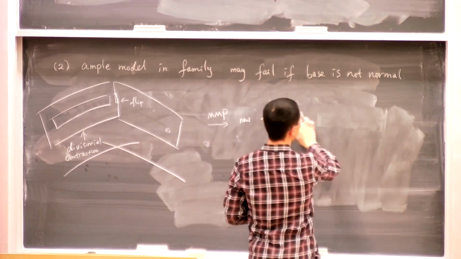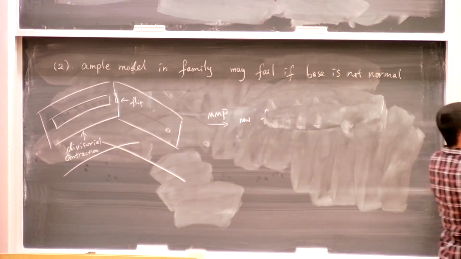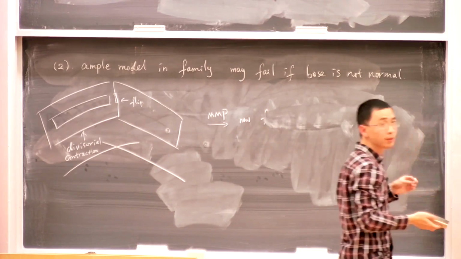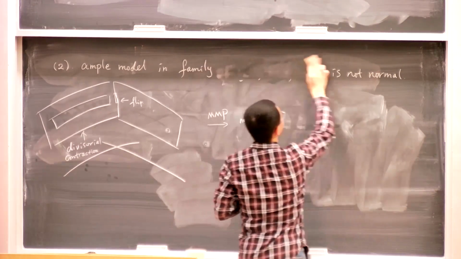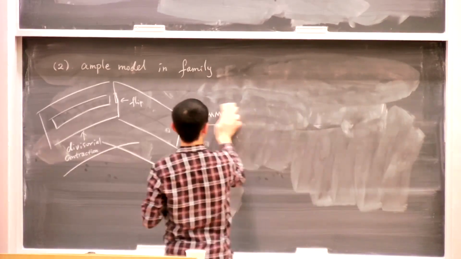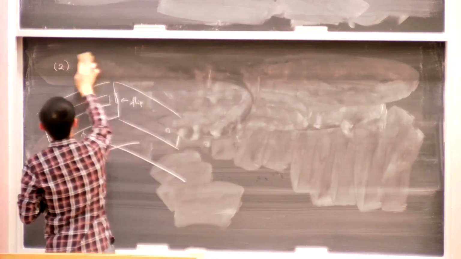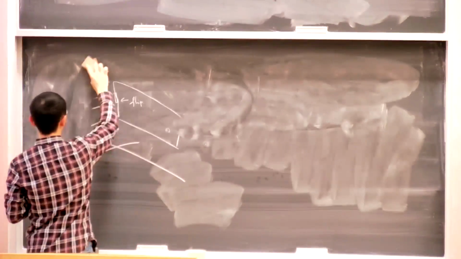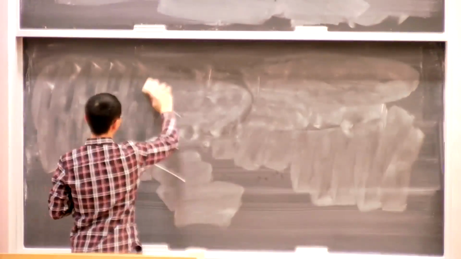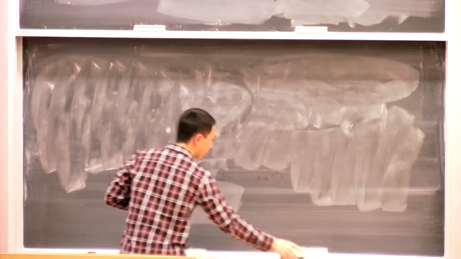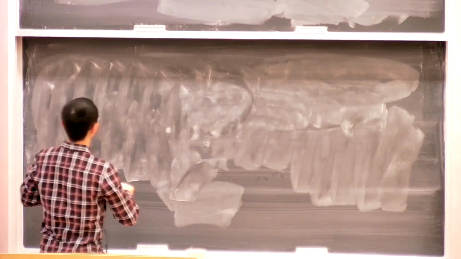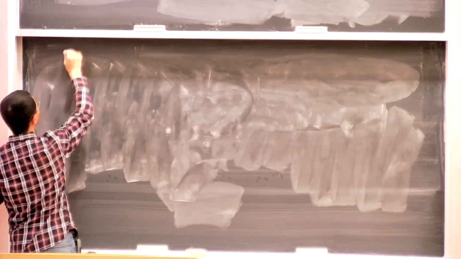Right, so that will give you a pointwise statement for this reduction map, if you just have one fiber. Now, if you want to do this in general, we have to run the ample model construction in family.